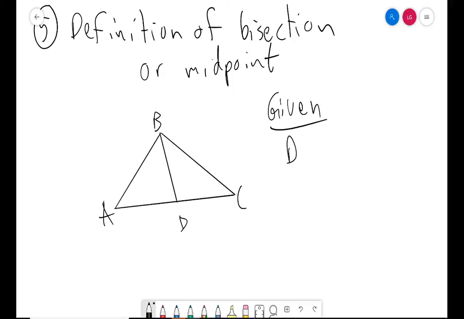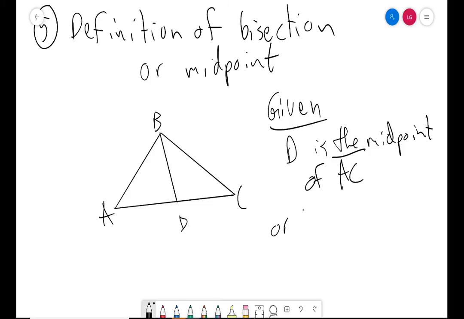D is the midpoint of AC, or put another way, BD bisects AC.